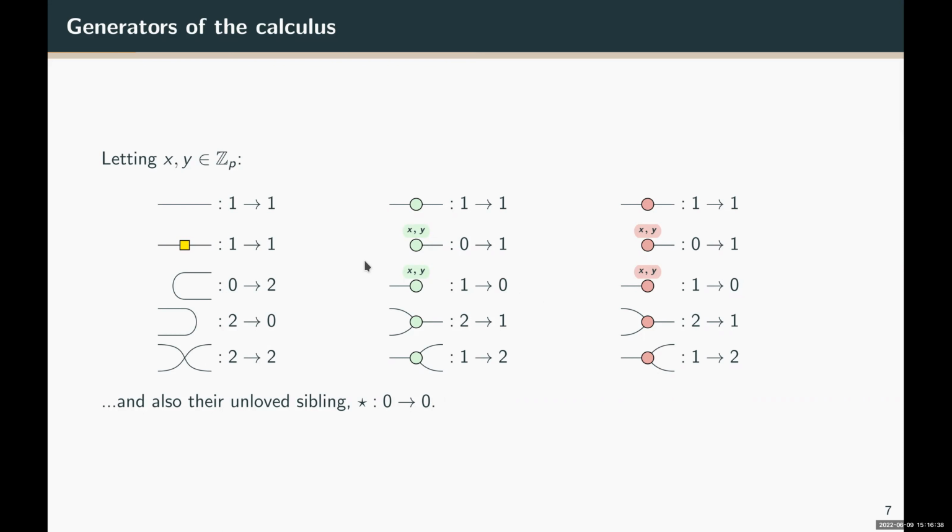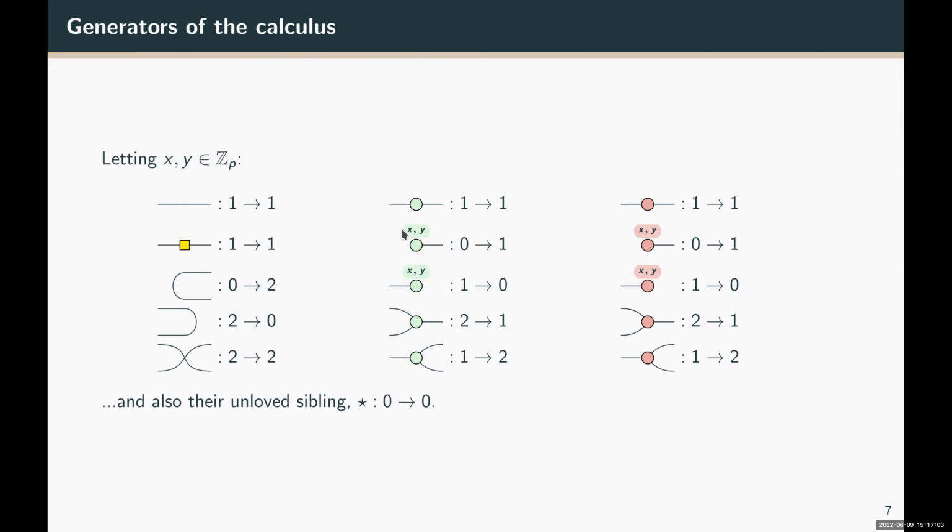The first is that the labels or phases of the calculus are no longer elements of the torus, but instead are pairs of elements of our finite field Z_p, which are going to parameterize a phase in the unitary part of the calculus.